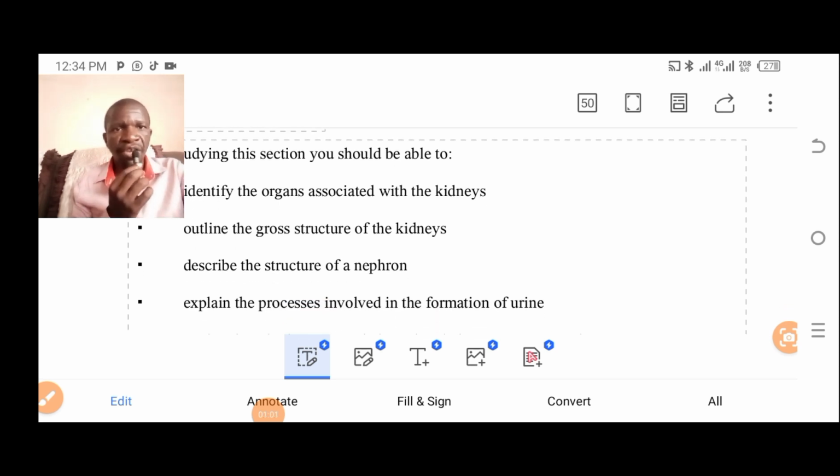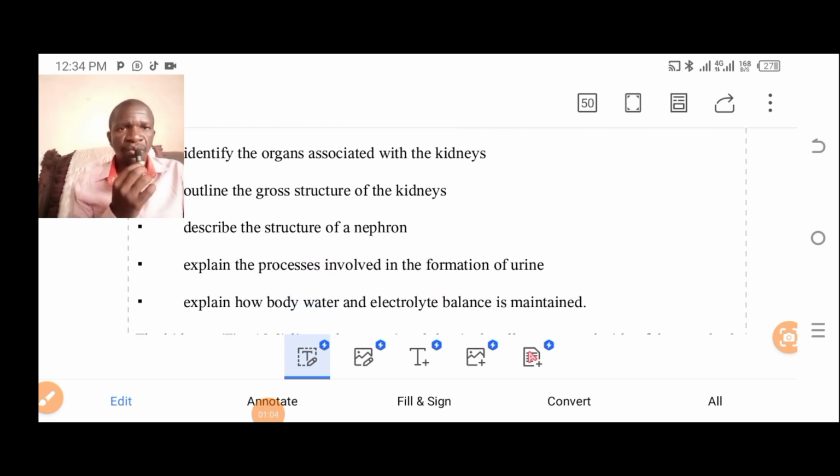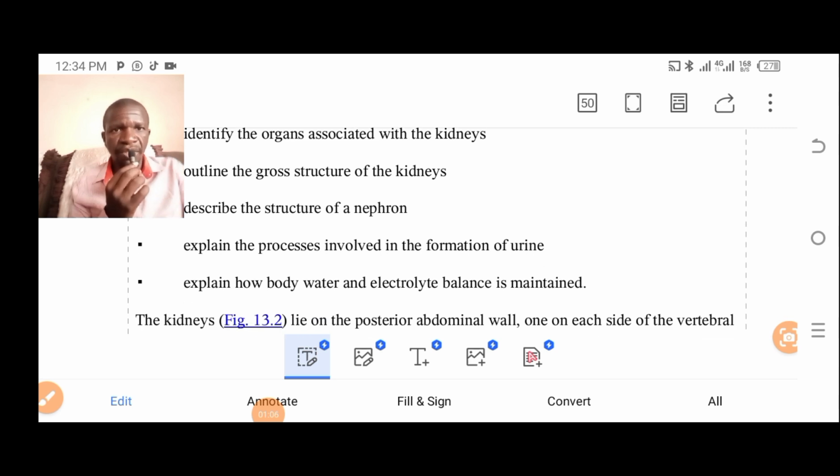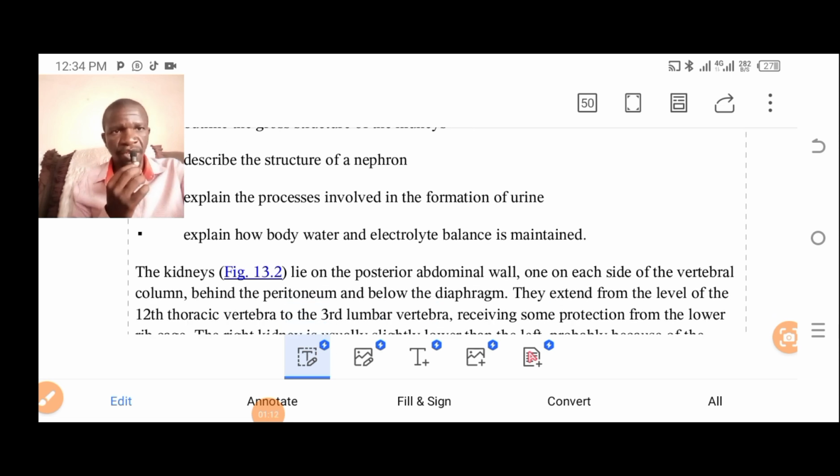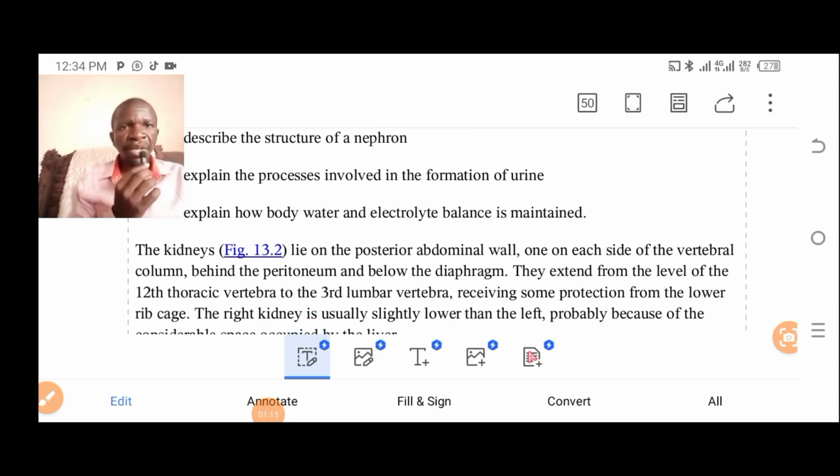Describe the structure of a nephron. You must be able to draw the nephron and label it. Explain the processes involved in the formation of urine. Explain how body water and electrolyte balance is maintained. Yes, you must know electrolyte balance and water balance.